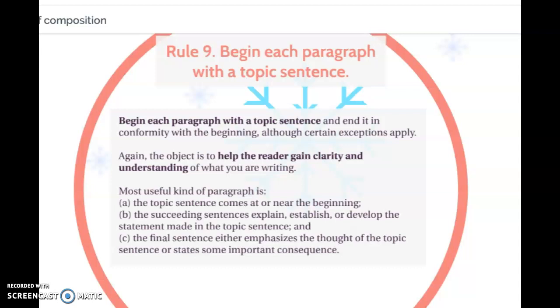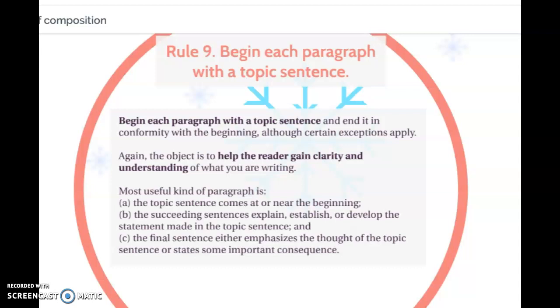The most useful kind of paragraph is one in which the topic sentence is going to come at or near the beginning. The succeeding sentences explain, establish, or develop the statement made in the topic sentence, and the final sentence either emphasizes the thought of the topic sentence or states some important consequence. This is it.